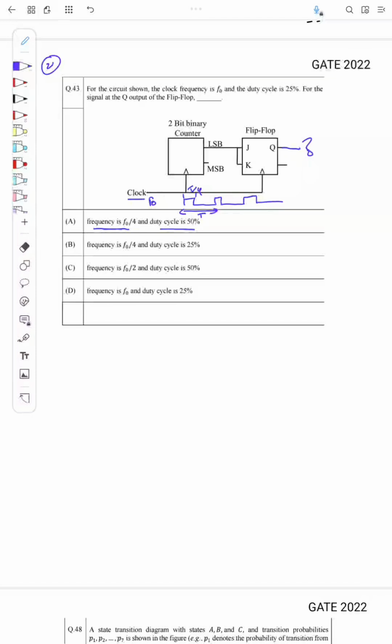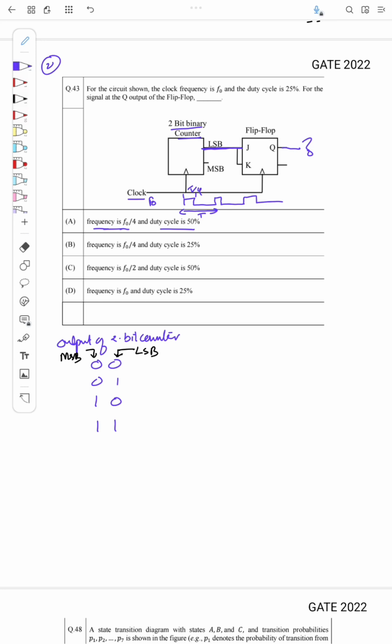Okay, so if you see here, the first one is a 2-bit counter, and the LSB of the 2-bit counter is connected to the input of the flip-flop. So what is the output of the 2-bit counter? So that is 00, 01, 10, 11, where this is the LSB and this corresponds to the MSB, right?